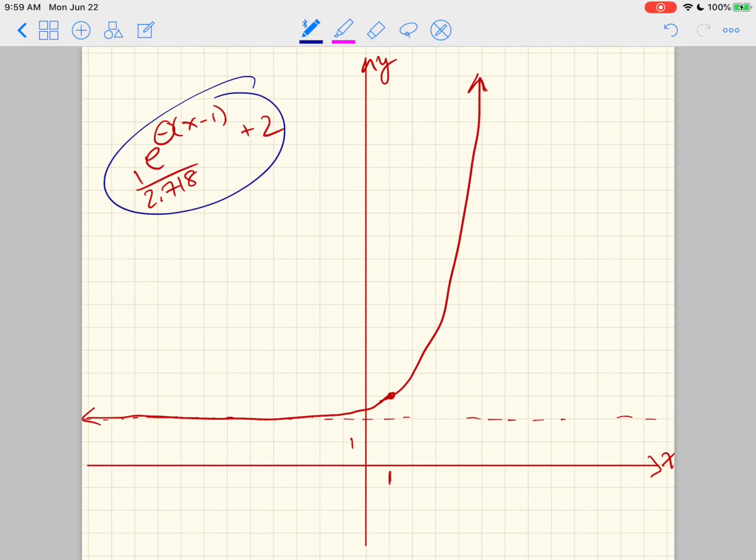And so this graph with the negative here would look exactly the same, except I would make it decay instead. So just keep that in mind. If you see that negative in the exponent, it actually is taking the reciprocal of the base, which makes it, if it looks like growth, it's decay, and if it looks like decay, it's growth if you have that negative in the exponent.